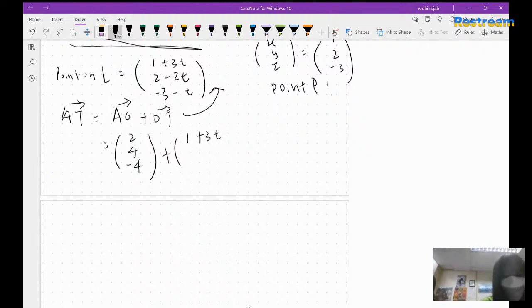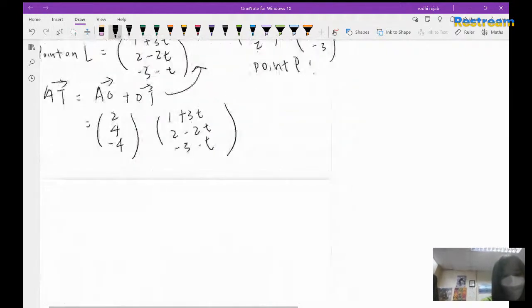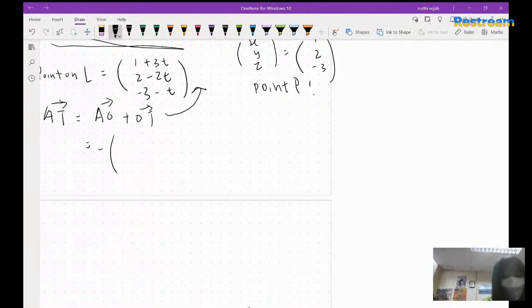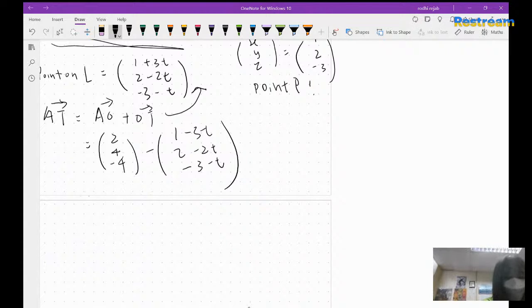Here, wait, sorry, negative OA. And we will get 1 minus negative 3, negative 3, negative 1 plus t.